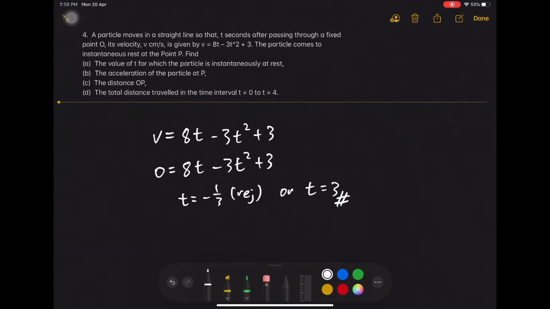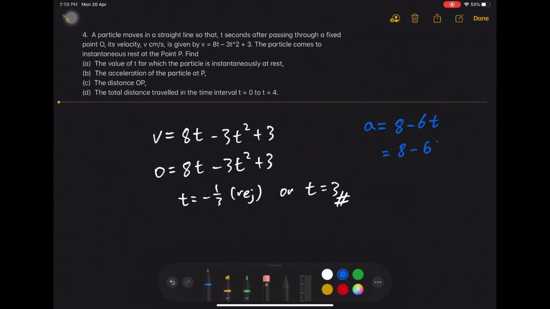Next, we want to find the acceleration of the particle at P. We know that at P, it took the particle 3 seconds. We want to find the acceleration, but we don't have the formula, but we can do so by differentiating our velocity. So you get acceleration to be 8 minus 6t, and substitute my 3 seconds inside there.